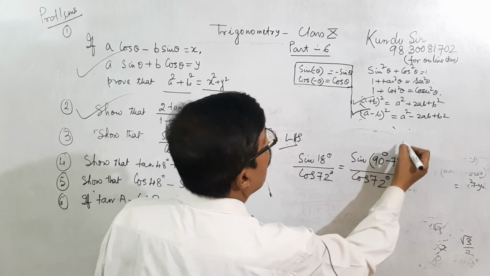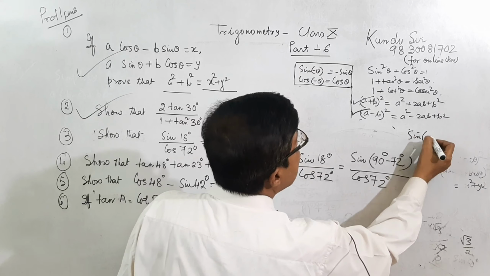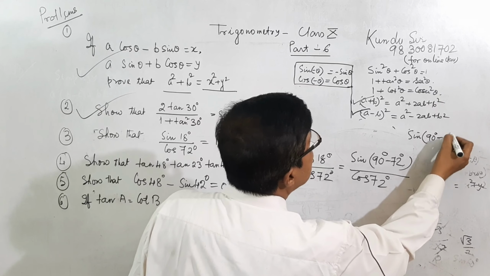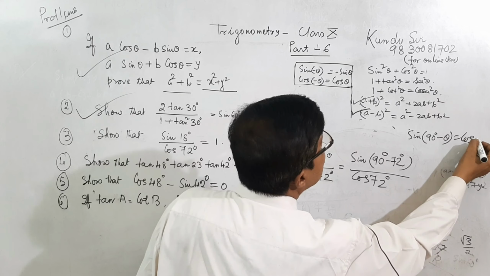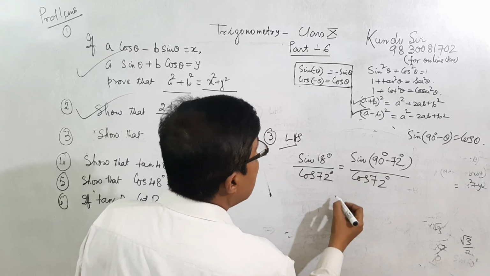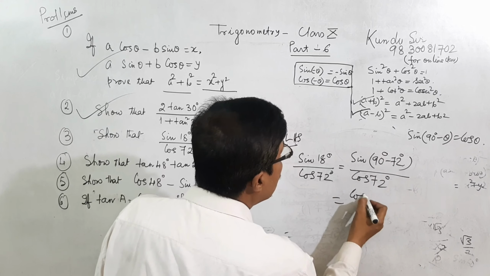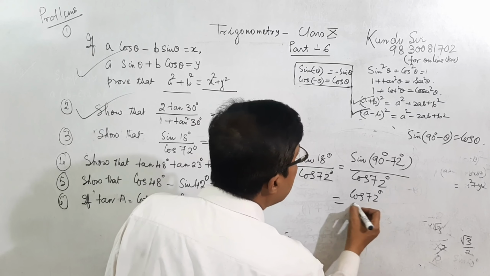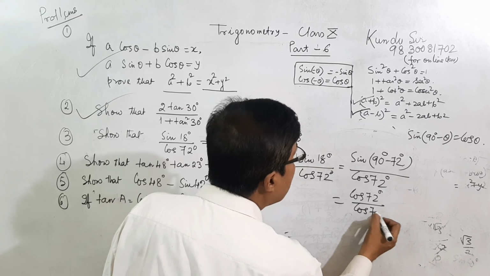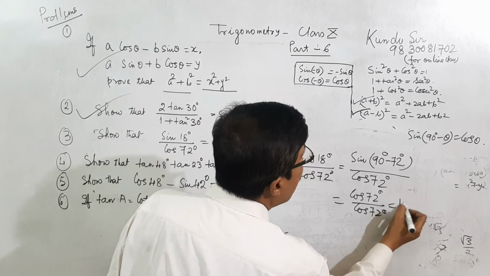We know sine 90 degree minus theta equal to cos theta. So it will be cos 72 degree by cos 72 degree equal to 1, the right hand side. Proved.